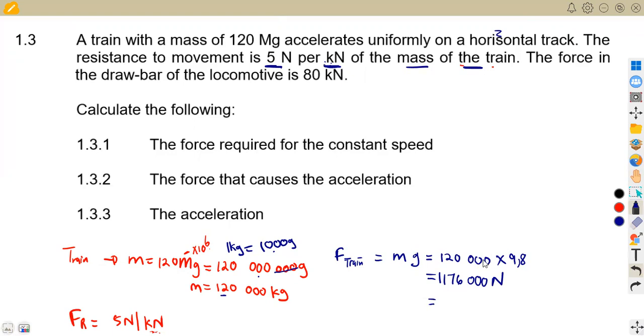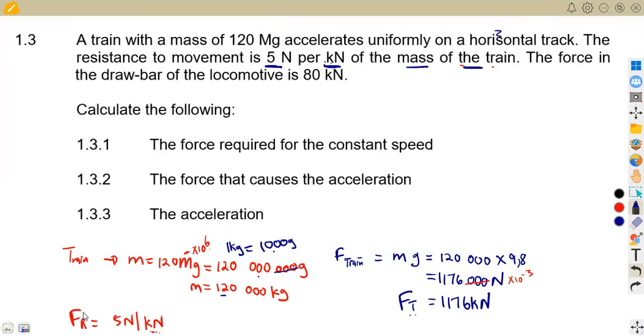Remember, kilo means times 10 to the exponent of 3, so to convert to kilo, you multiply by 10 to the exponent of -3. So we're going to have 117.6 kilonewton. So this is the force that is affecting the train.